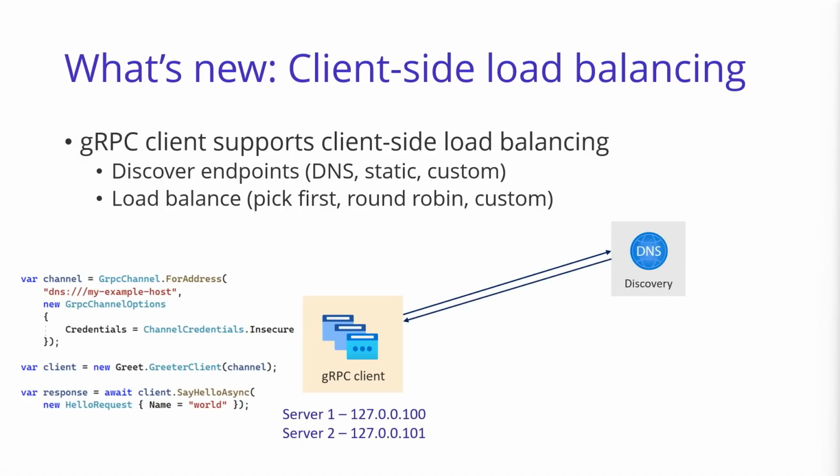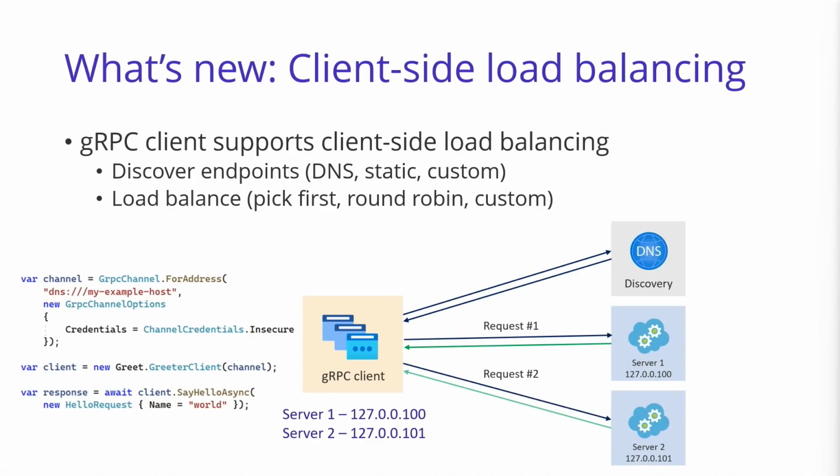So what will happen when the gRPC client starts up is it will call off to the discovery service, and the DNS service will return a list of IP addresses, and those IP addresses are the servers that we're able to load balance across.